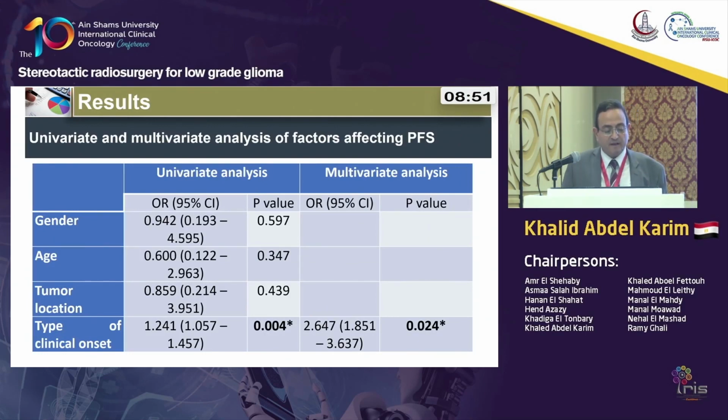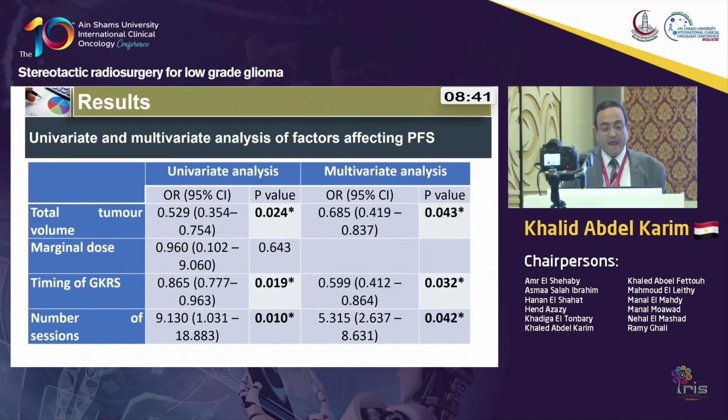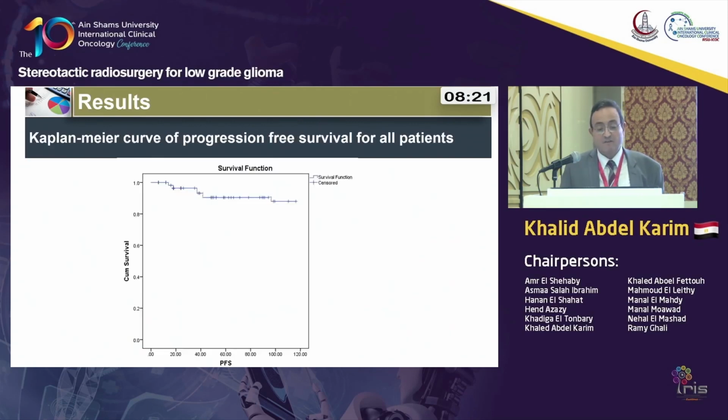showed that the type of clinical onset was the main univariate and multivariate significant affection of the progression-free survival. And for factors, again, affecting the progression-free survival, the total tumor volume with the marginal dose, the timing of gamma knife radiosurgery, the number of sessions, all of them affected the progression-free survival.